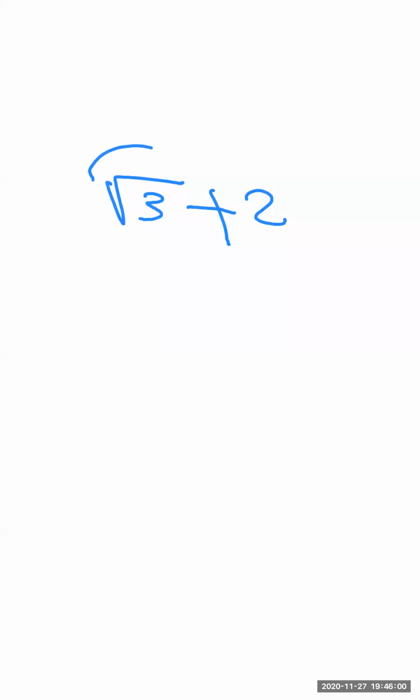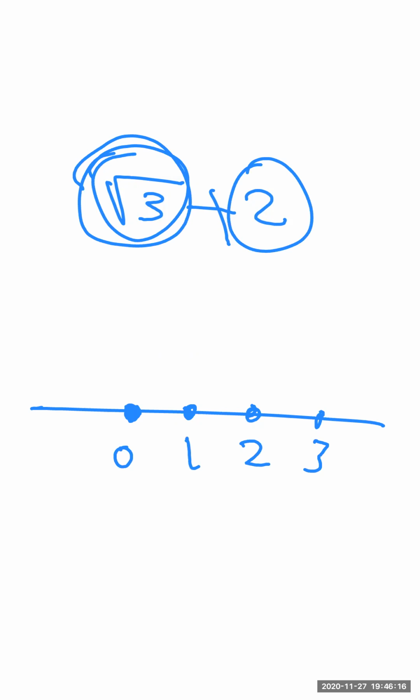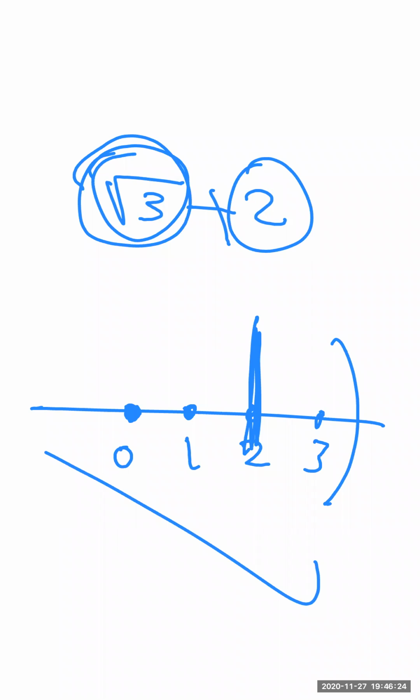You will just represent square root of 3 from 0: 0, 1, 2, 3. Now it's square root of 3 plus 2. Then I will start from the point of 2. Then draw your arc. That's it, because 2 plus square root of 3 is the same as square root of 3 plus 2.